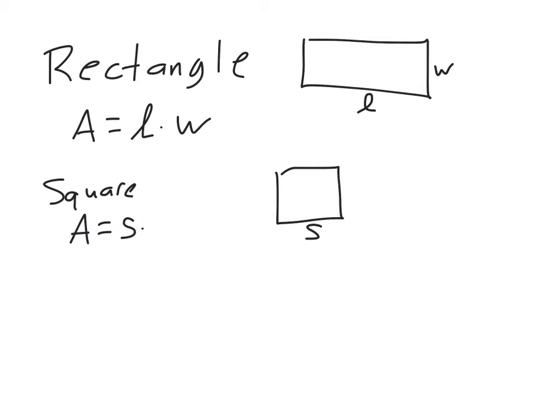It's S times S, or what's a different way I could say that? S squared. I wonder where that comes from, being squared. And now you're getting square units. That's the whole point. That's not a joke. That's where squared comes from.